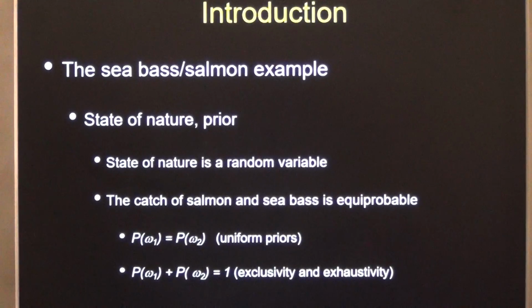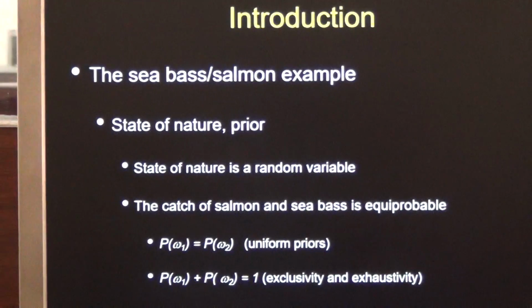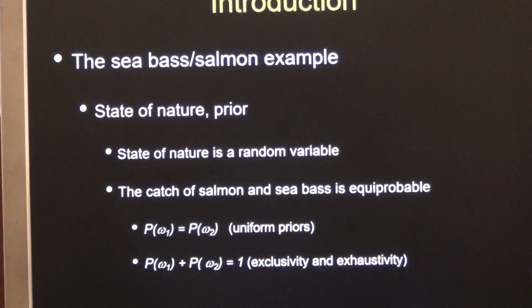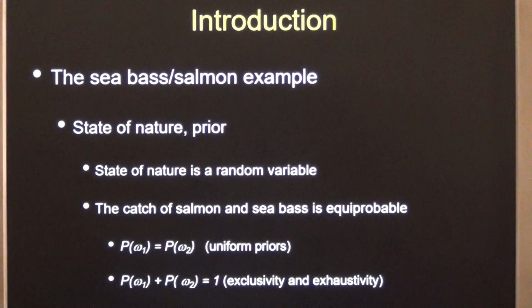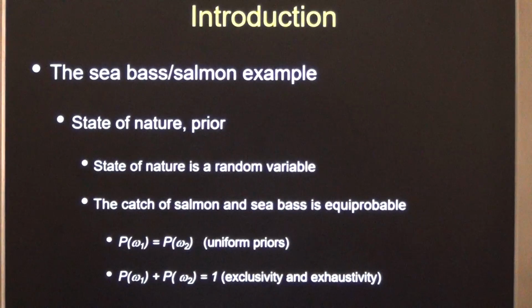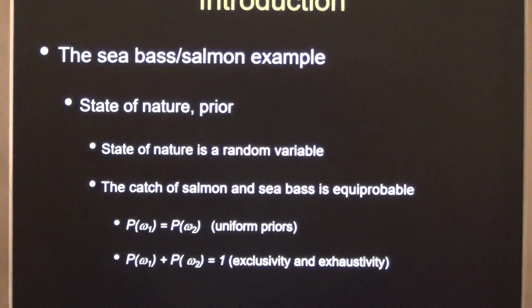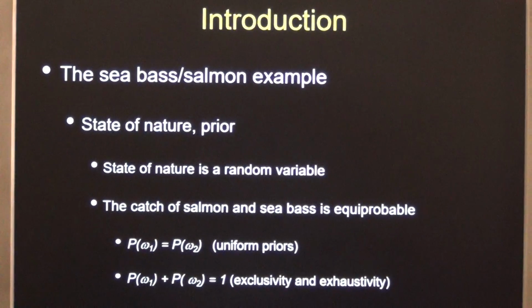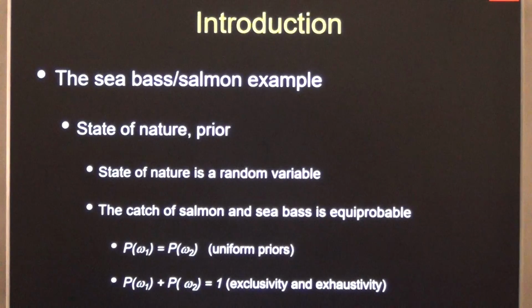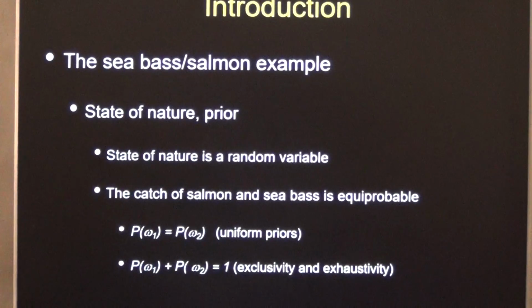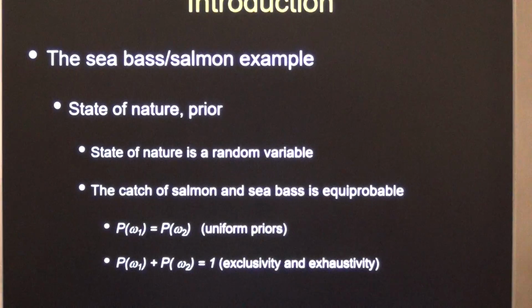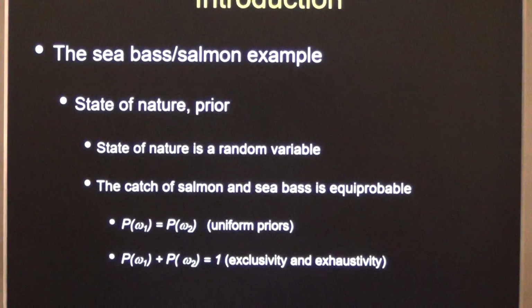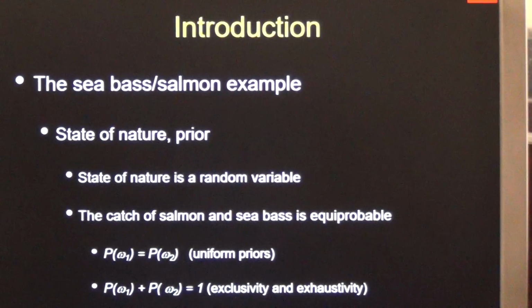Now, once we represent a pattern by a feature vector, this entire pattern is mapped into a single point in the feature space. Regarding the state of nature, we can say the state of nature is a random variable, and the catch of salmon or sea bass, as we have taken in the earlier example, is equiprobable.